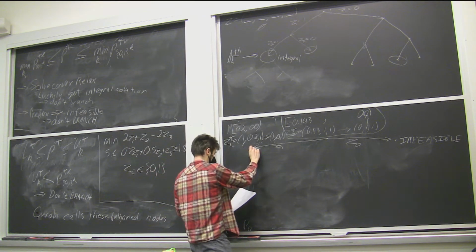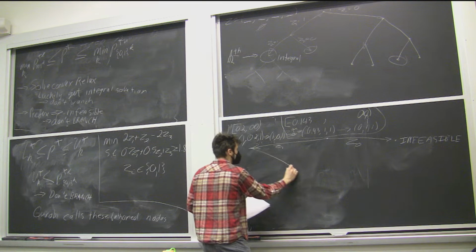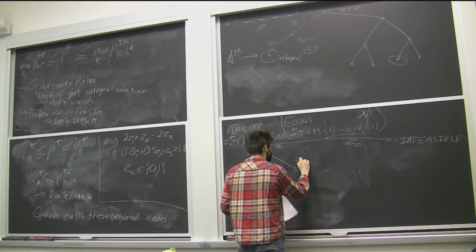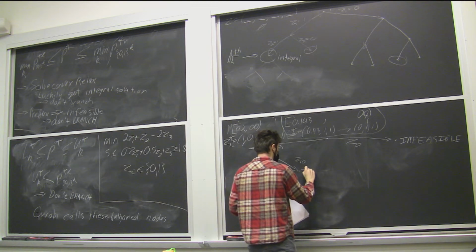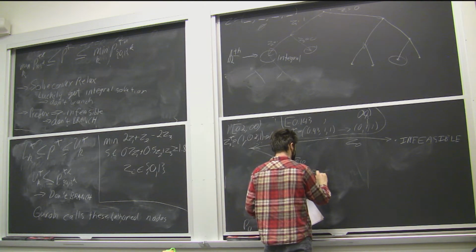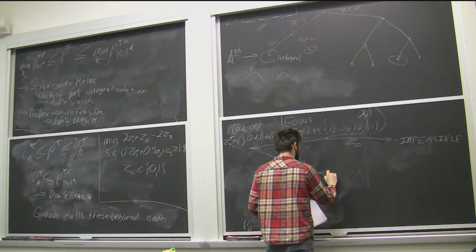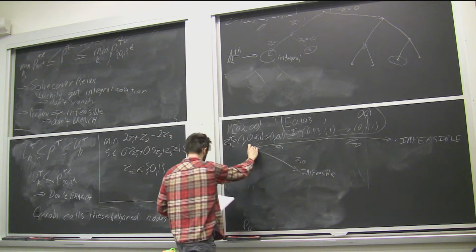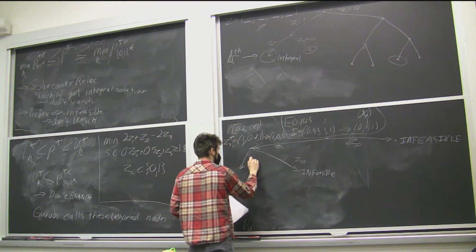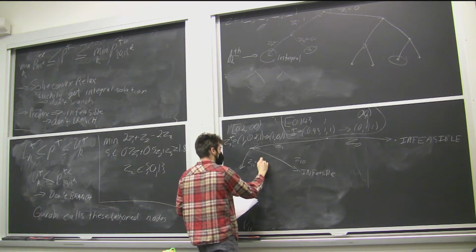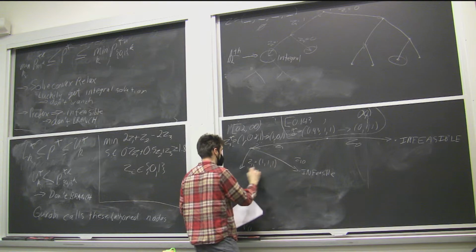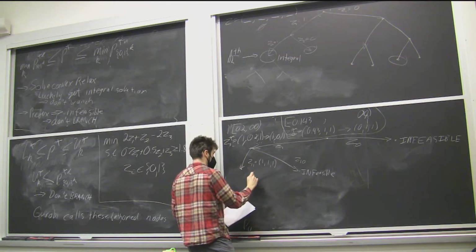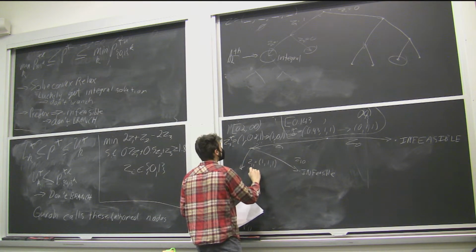Okay. So now let's do z1, 0. This results in infeasible. And if I go down this branch, z1, 1 is equal to 1, 1, 1.